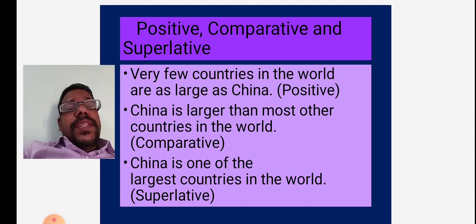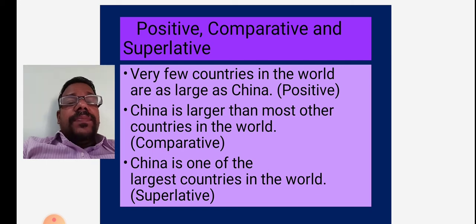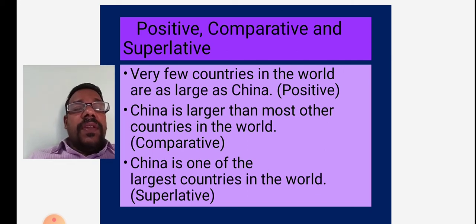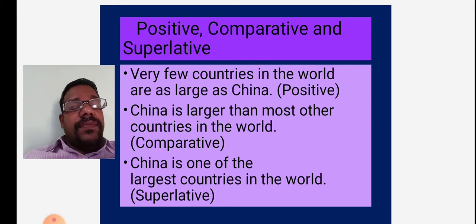So in the comparison, we can say China is larger than many other countries in the world.